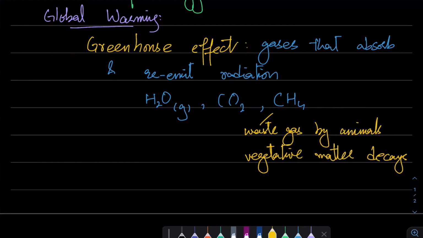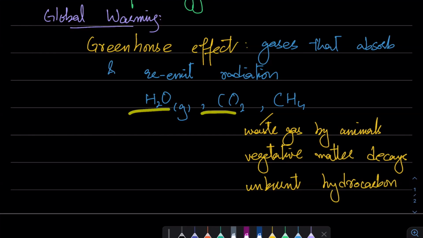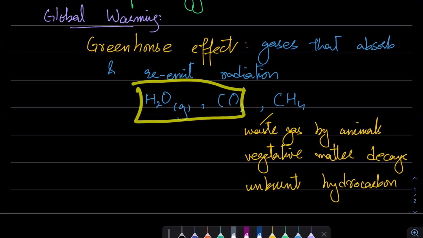Methane is also released as unburnt hydrocarbons. ठीक है? तो ये भी atmosphere में जाते हैं. And then it has all of this impact. In fact, the impact of water and carbon dioxide is not as much as methane, because methane का बहुत ज़्यादा greenhouse effect है compared to these two gases.